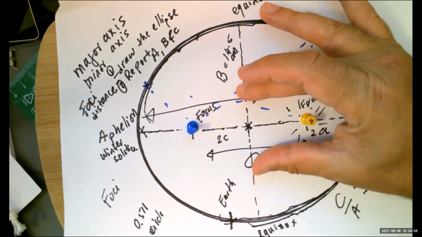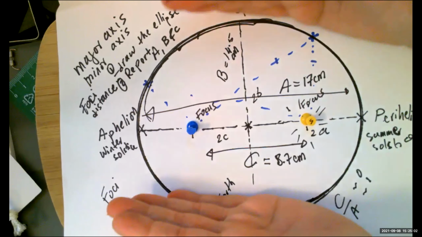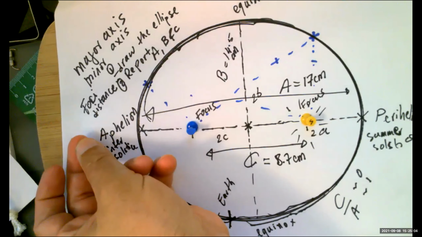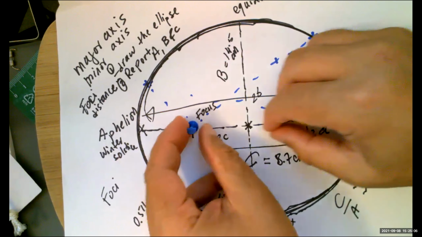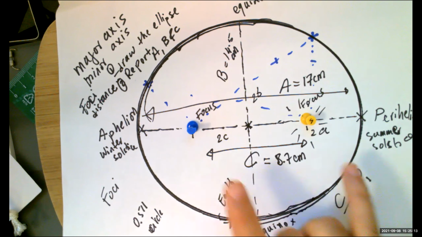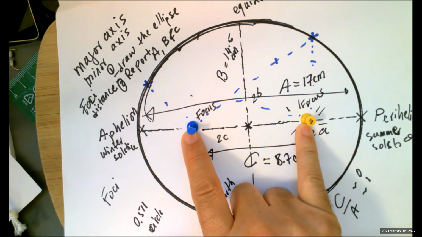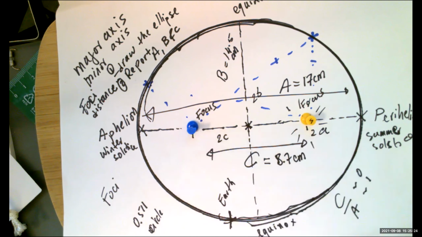If I take them and put them very far away, this will be shrinking further and this will be stretching. If I bring them closer and closer, this will stretch and this will compress. So it will be less eccentric. So the distance between the focal points is what characterizes the eccentricity of the ellipse.